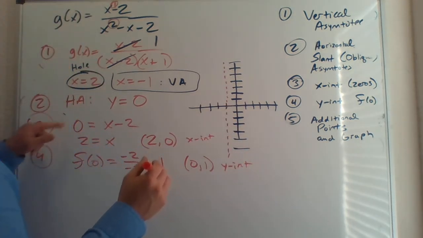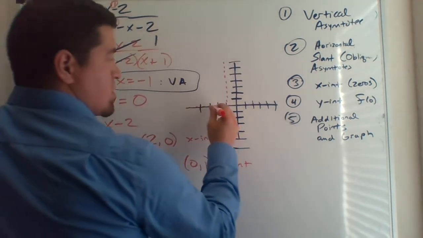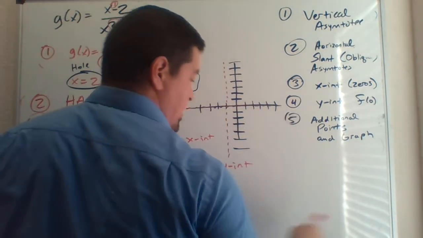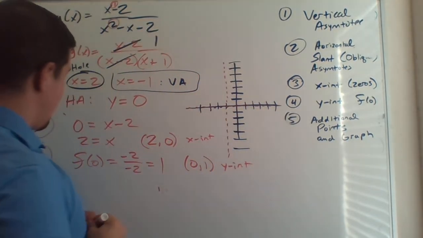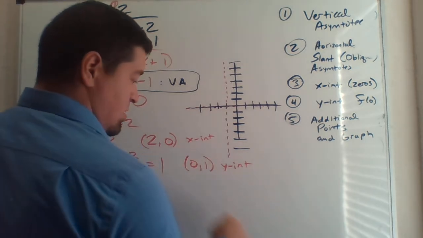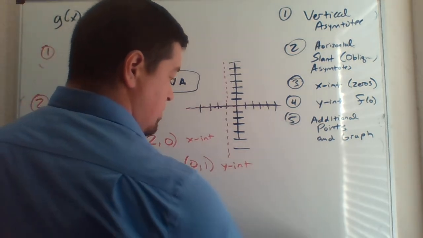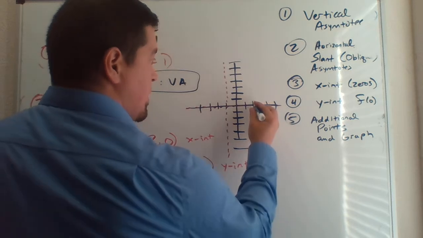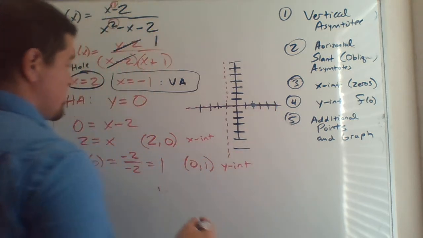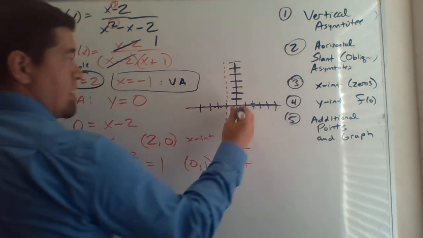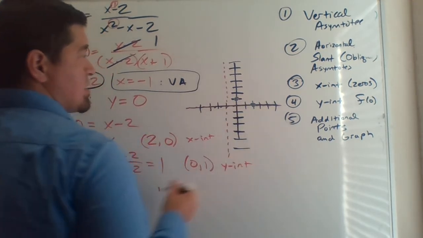I also have a horizontal asymptote at y equals 0. Okay, and from there, I also know that I have an x-intercept at 2, 0. So I'm going to do 2, 0 as a point here. And I also know that I have 0, 1 as a coordinate there.